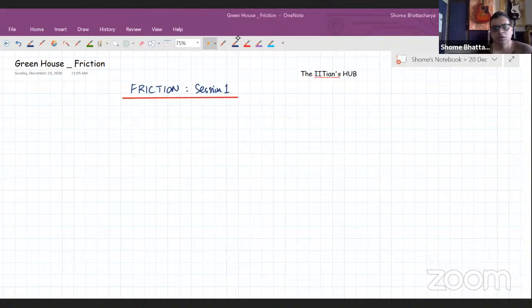Right. So let's start with the discussion about friction. I think all of us know some common everyday meaning of the term friction. Friction is the type of force that acts whenever there is a rough surface slipping against another rough surface.